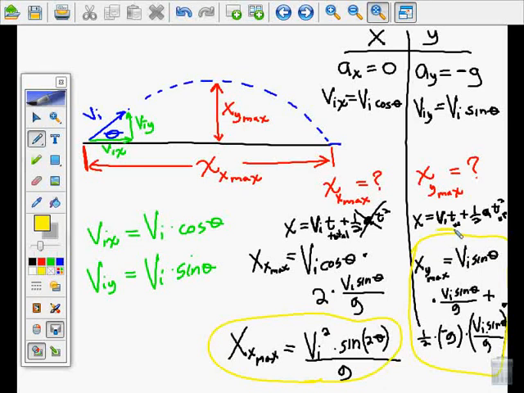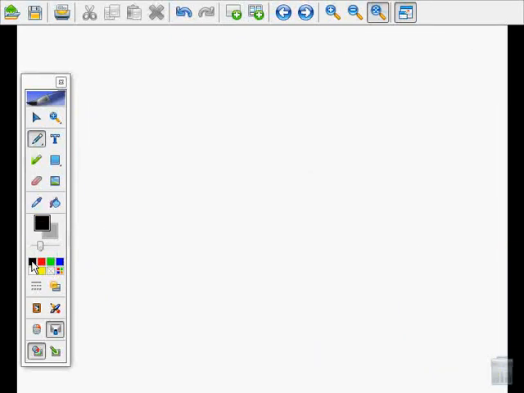This term doesn't drop out, nor does that term drop out. So there's 2 tricks to get xy max. Basically, you can consider the way down instead of the way up, and that makes things a lot easier.